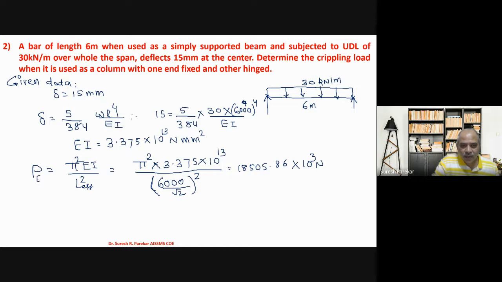So we have PE equal to 18505.86 kilonewton. So likewise we have to solve the problems of exercise 1 and 2.